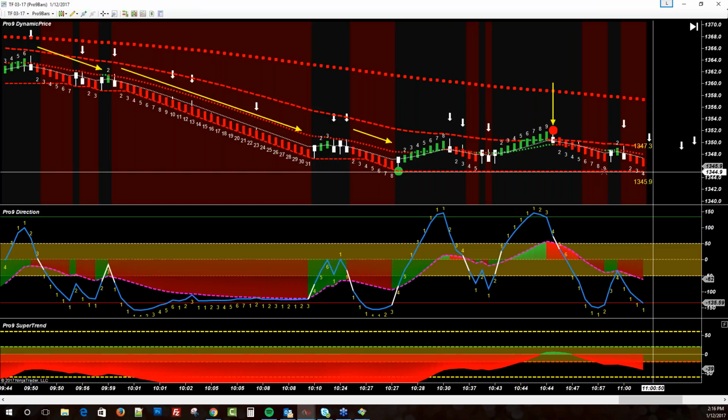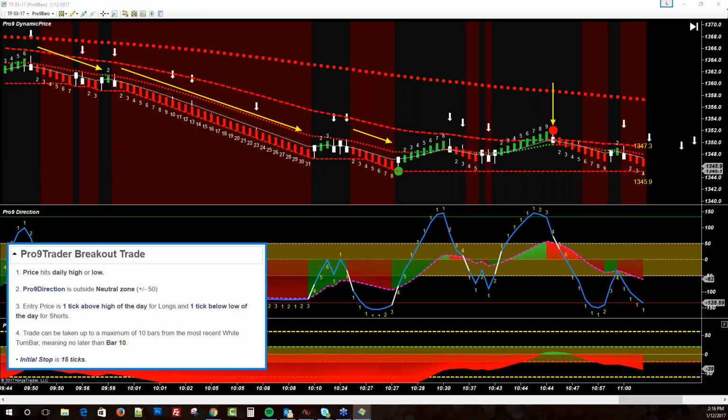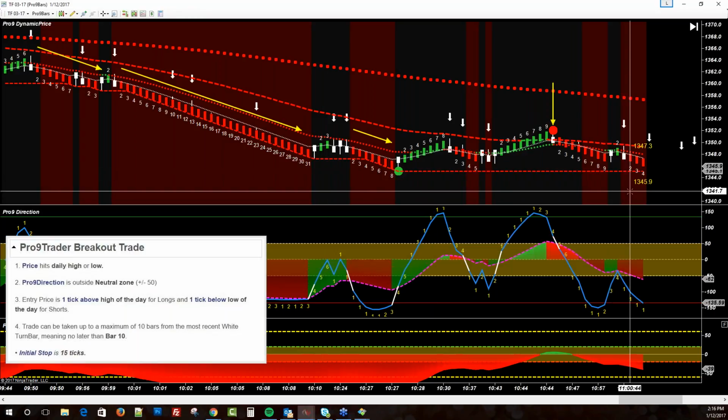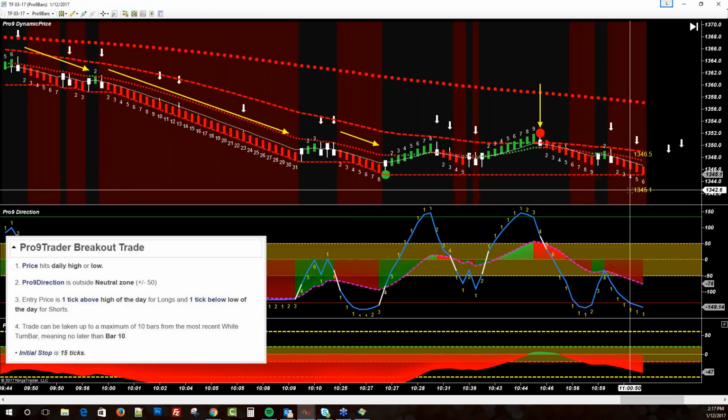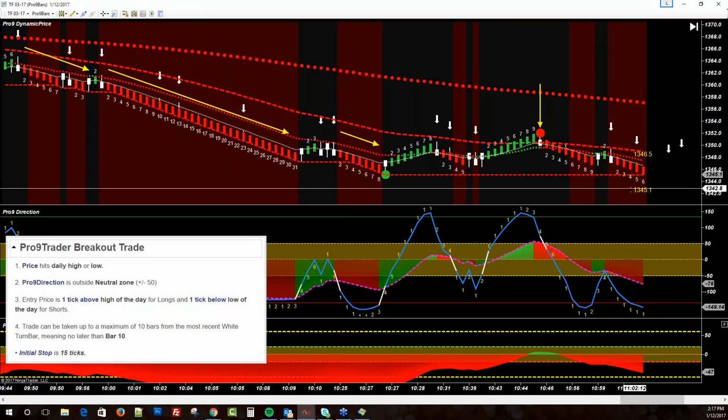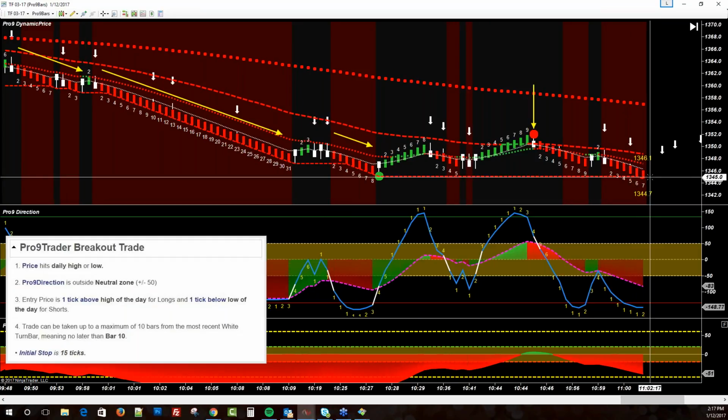And our entry price is very specific in the rules: one tick above or one tick below the low of the day. This bar didn't even break through, so it'll be the next bar. But our entry price would still be one tick below the low of the day.